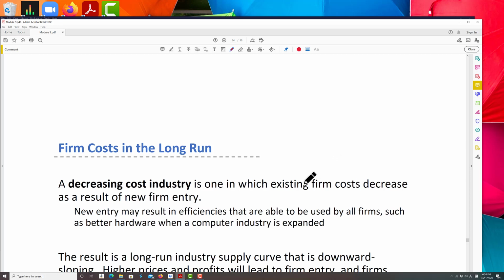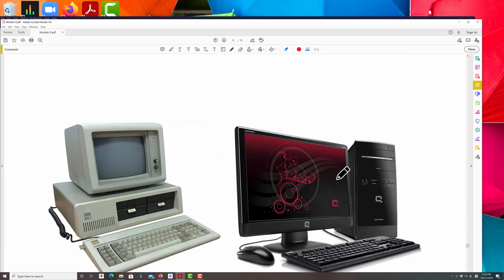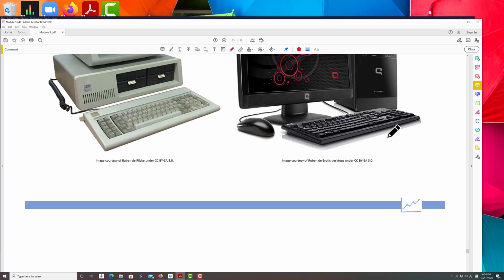So this is a case of a decreasing cost industry, in which case the long-run supply curve is negatively sloped. So these flat screen monitors, flat screen TV sets, 8K or 4K monitors, the industry cost has been declining.